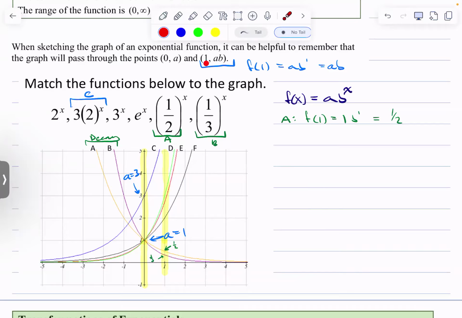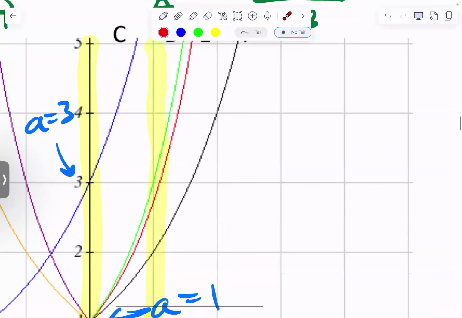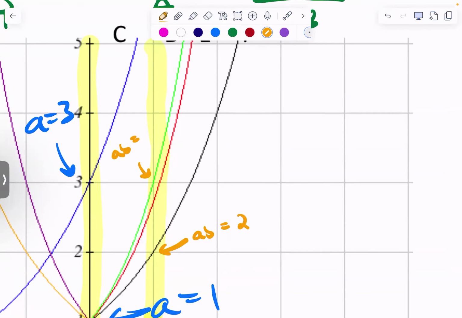And so if I can figure out a nice coordinate for 1, ab, then that might be nice. I do see two nice looking coordinates here, ab is equal to 2, and here ab is equal to 3.